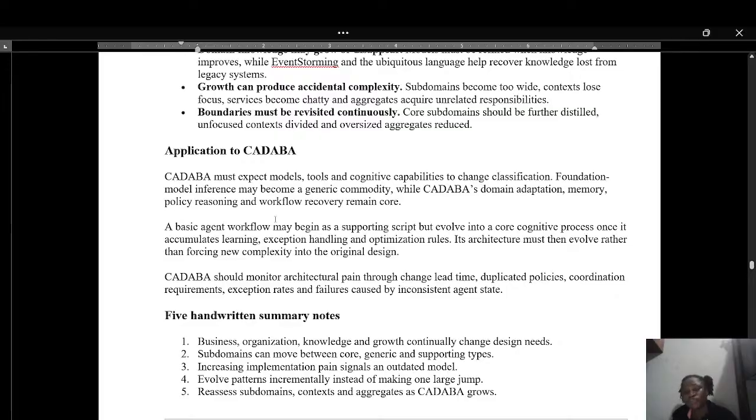Make sure you evolve gradually as the business increases gradually. Do not wait till everything is down, when the application is down, when the database is down, when nothing is flowing in the business, before you redesign. No, make sure you notice every change at every step, and then scale as the business grows. Scale incrementally instead of radically. Reassess subdomain context and aggregates as the business grows.